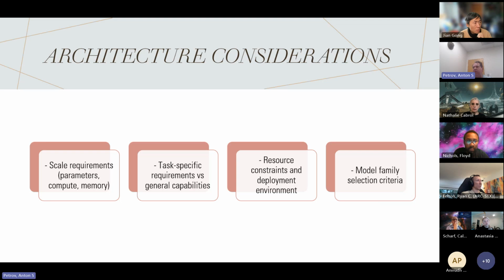There are a number of architecture considerations that need to be accounted for, and I hope that some of that will be brought in a more detailed fashion during the discussion. I will just list here the most general criteria for architecture consideration, which is basically scale requirements, task-specific requirements, and resource constraints.